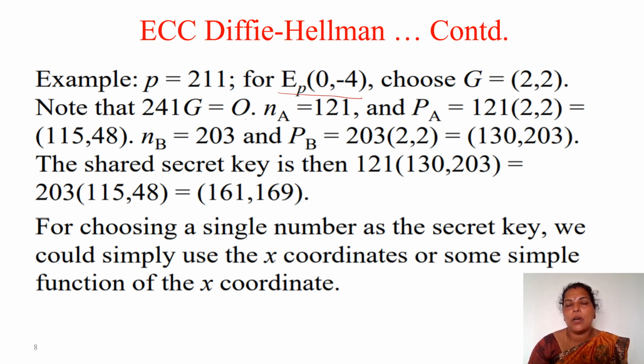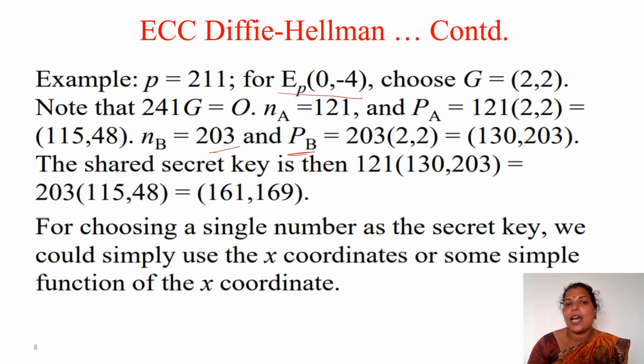This is a modulo multiplication. So (115, 48). Then nB value equal to 203. So we are computing the PB value, that is 203 into (2, 2). That is (130, 203). Just modulo multiplication we have to perform.